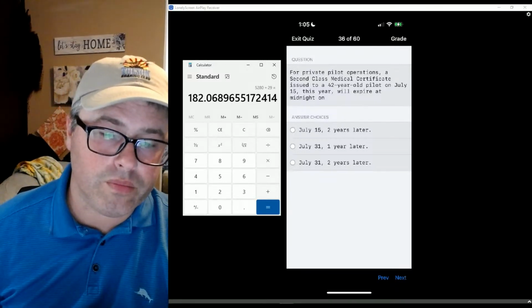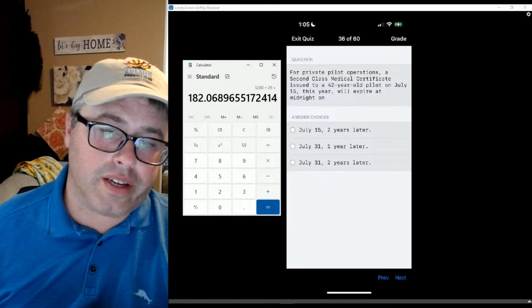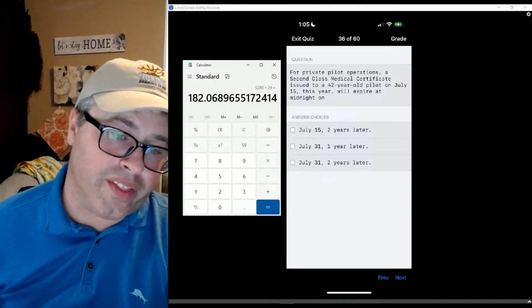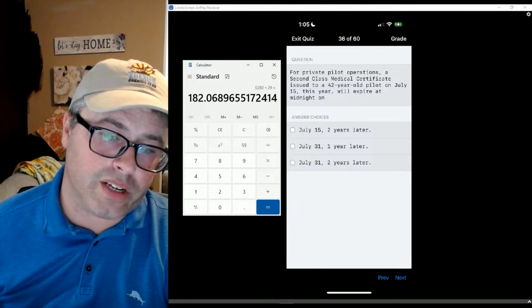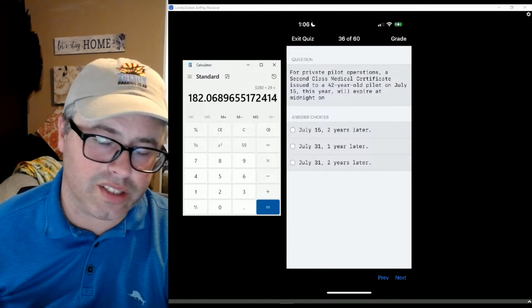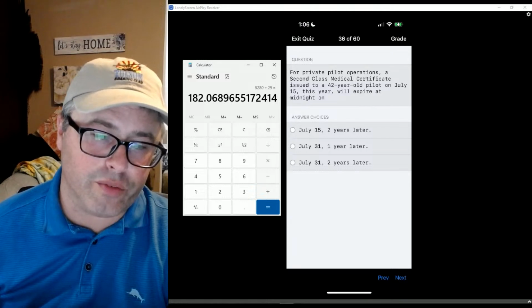Okay, private pilot certificate operations. A second class medical. There are a number of different things in here, none of which you really need for a glider.